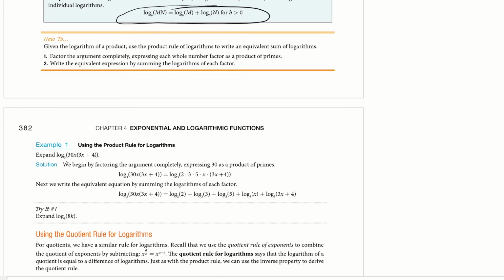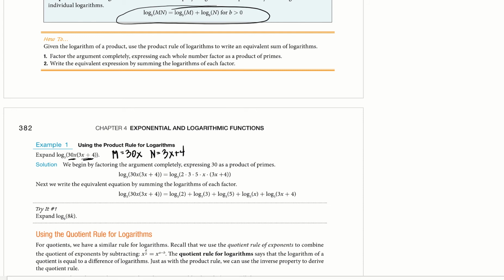So notice here they did log base 3, and they had already factored things. So here m is equal to 30x, and n is equal to 3x plus 4. So that's what they have.